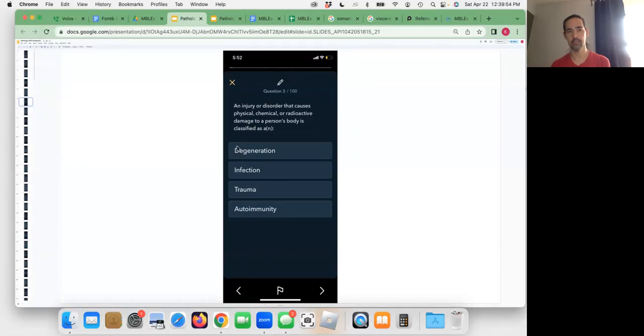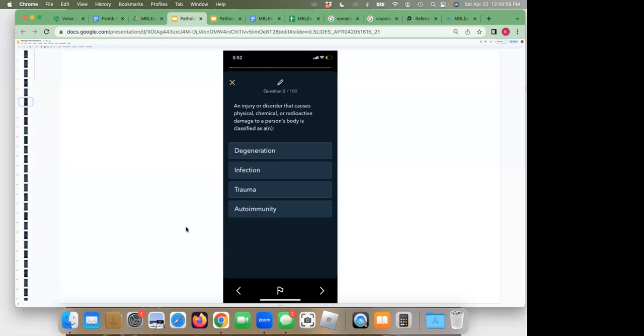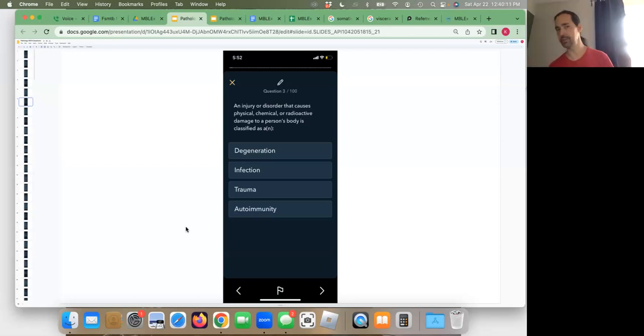Okay, an injury or disorder that causes physical, chemical, or radioactive damage to a person's body is classified as degeneration, infection, trauma, or autoimmunity. A. Okay, so degeneration might be an answer if the damage is from a disorder internally, right?